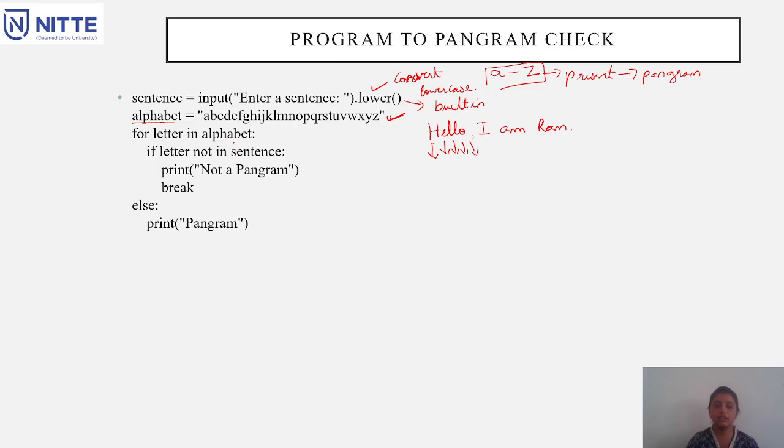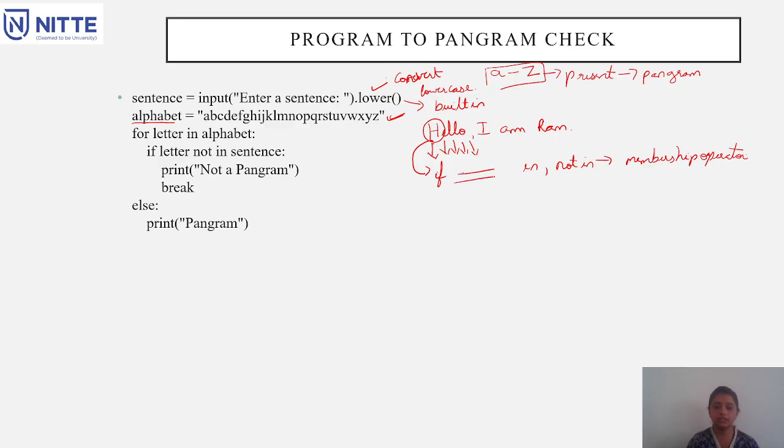If you remember, I told you that in and not in are the membership operators. So using this membership operator, I check whether each letter in the alphabet is present in the sentence.